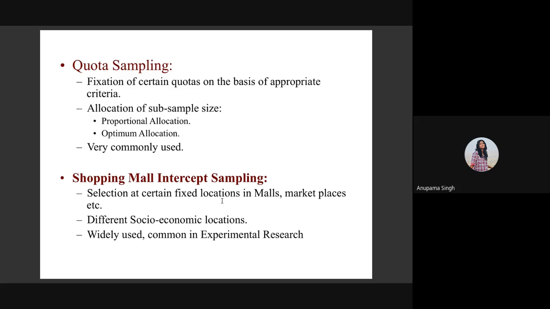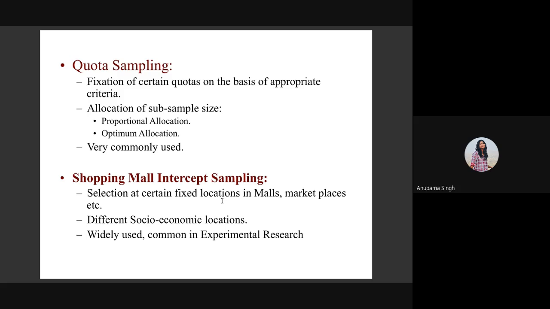Then there is shopping mall intercept sampling, that is again a non-random sampling, and that is again very popular. I think a lot of commercial places do this kind of sampling. In shopping mall intercept sampling, we take random people in the malls and get the questionnaire filled.